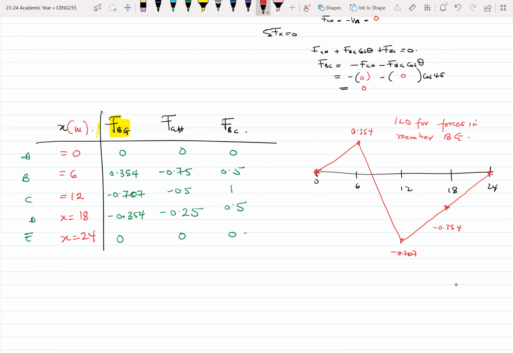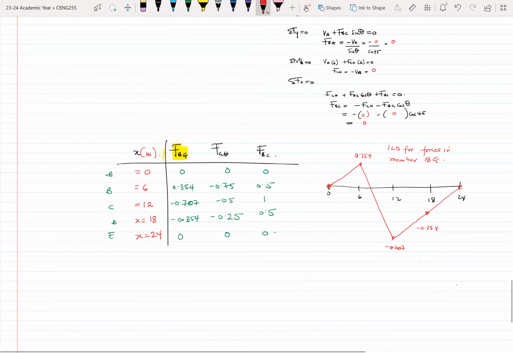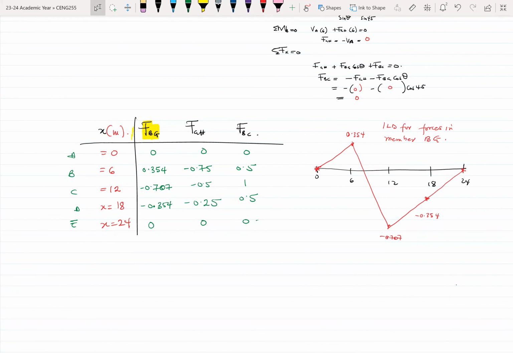We can draw the same thing for member GH. We put GH somewhere here. For member GH, it also starts at 0, then goes to negative 0.75 somewhere here. It comes to minus 0.5, then minus 0.25, and then 0 again.